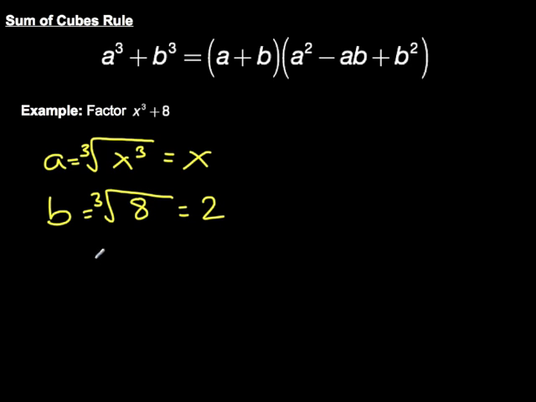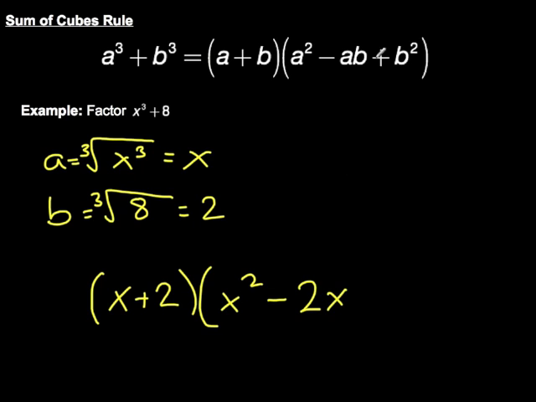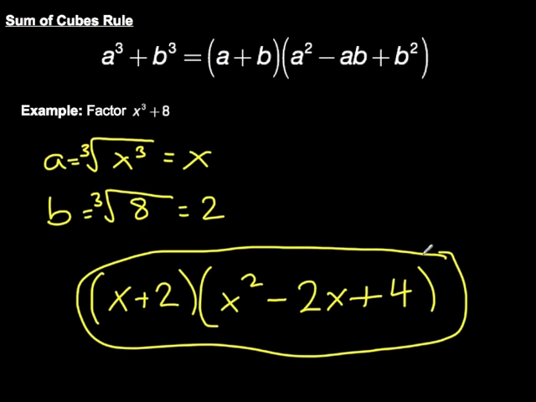So if we plug it into the form, we get x plus 2 times x squared, because we've got a squared, minus 2x, a times b, so x times 2, plus 4, which is 2 squared. There's our factored form. Factoring by the rules is easy. You just need to figure out which rule you're using at any one time.